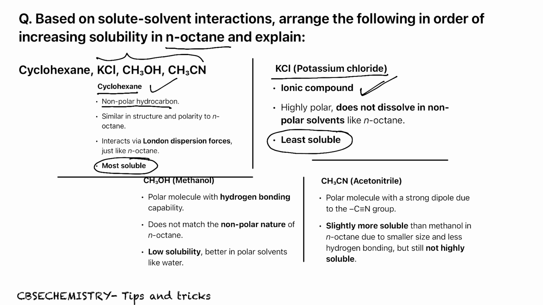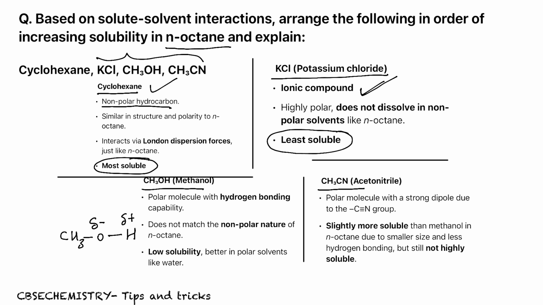Now compare the polarity of methanol and acetonitrile. It is very easy. If you check methanol, you can see the presence of the highly electronegative element oxygen connected to hydrogen, making it highly polar, correct?